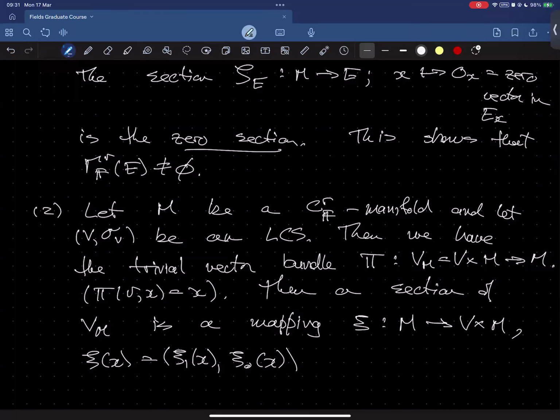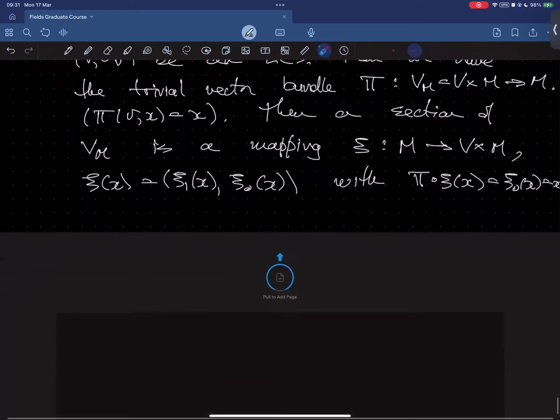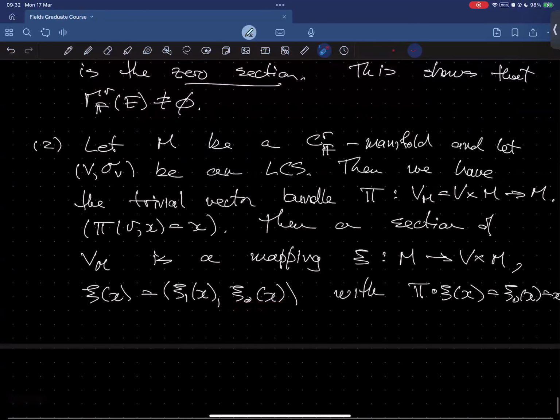Then the condition pi of C of X equals X: if I project onto the second factor, by my construction this is C0 of X, but by definition of a vector bundle, that's just X. So C0 of X must equal X. That's the section property.